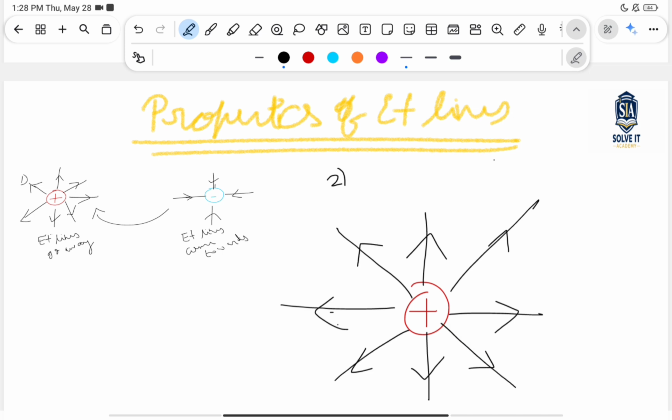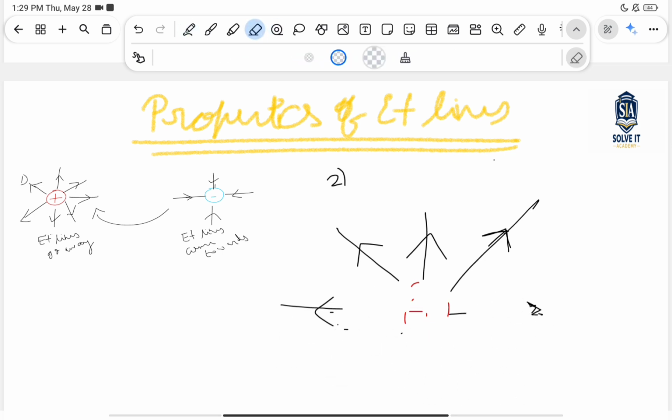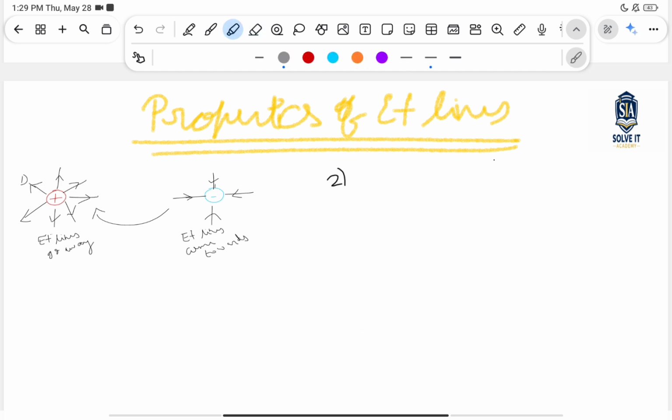I'll show you the actual trajectories. At this point the electric field is in this direction, the tangent to the electric field line. Actually the electric field lines are represented like this. For our understanding we will take it like this.